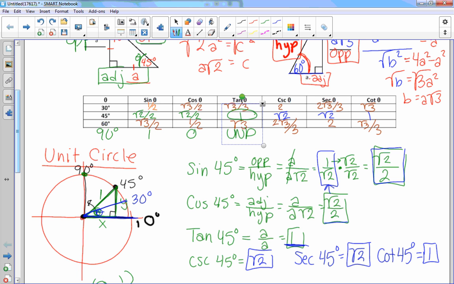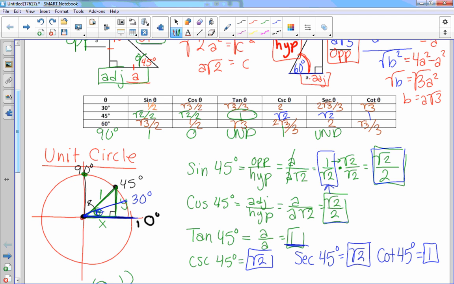And then cosecant, secant, cotangent, we just flip them. If we flip 1, we get 1. If we flip 0, which is really 0 over 1, we get 1 over 0, which is undefined. Thou shalt not divide by 0.